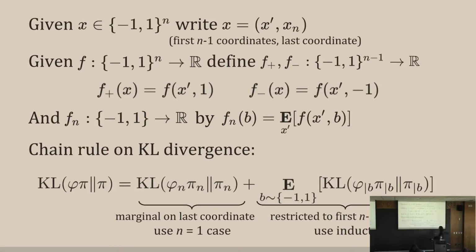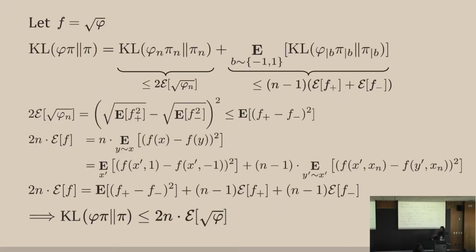Then that lets us use the n equals 1 case on the last one, and we use induction on the remaining one. You just write this down, and that's it. It's really short and easy.